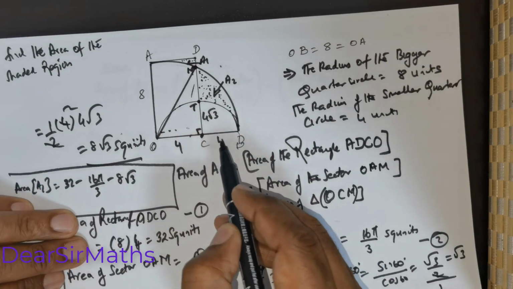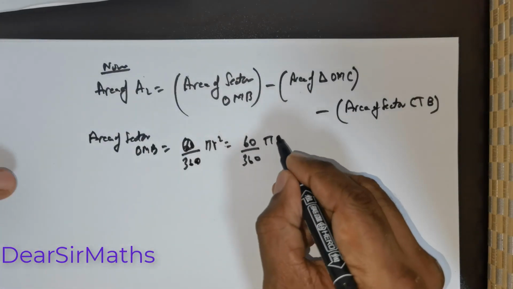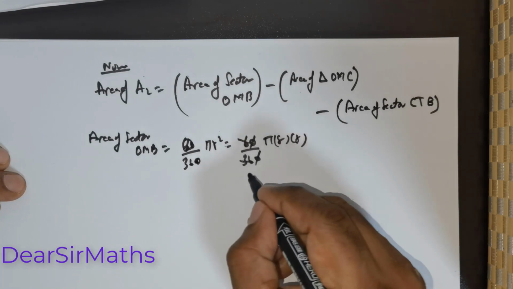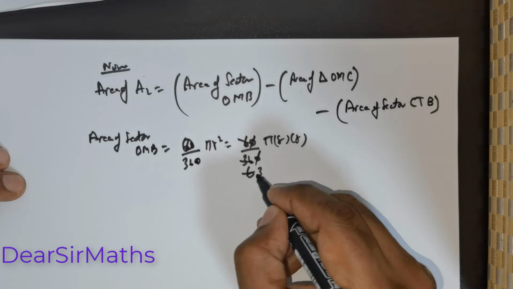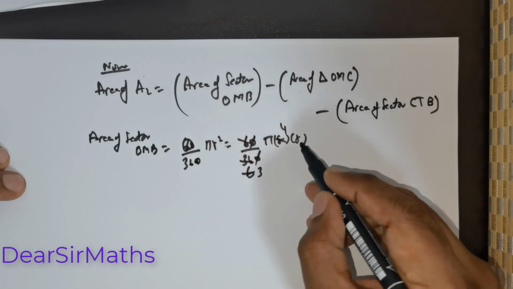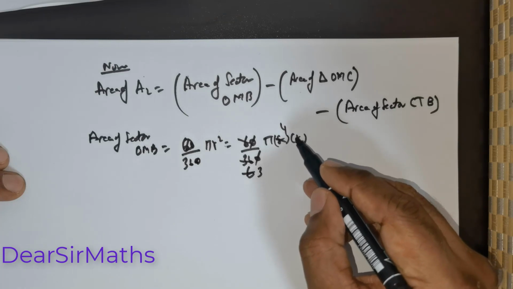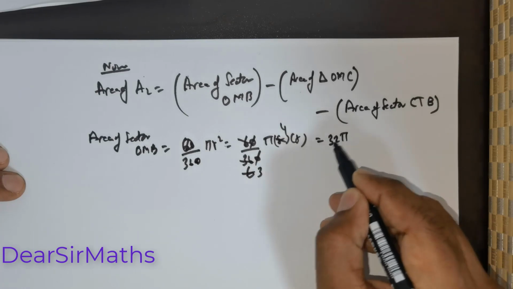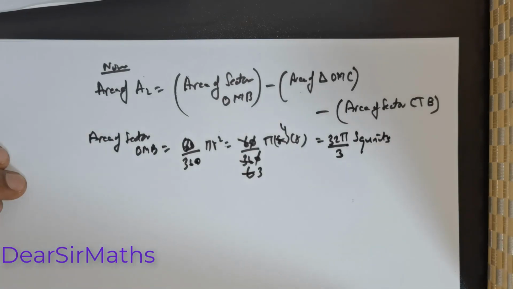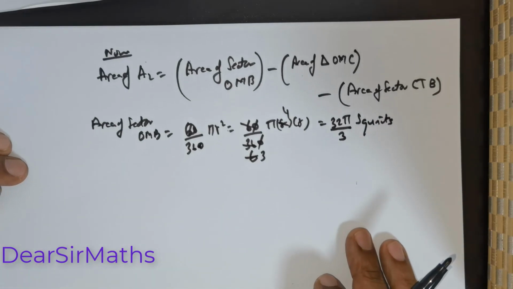The radius is 4 plus 4, 8 units. 8 into 8 cancels a 0, 6 divides here 6 times, 2 divides here 3 times, 2 divides here 4 times, and then you have 8, 4, 32 pi divided by 3 square units. So that's the first step.